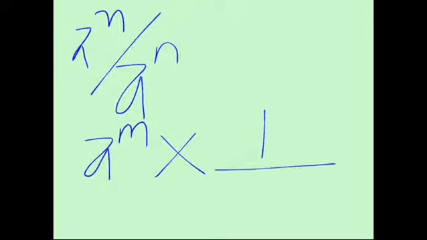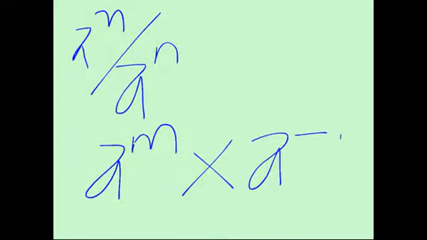What you're just looking at is that's a 1 all over this, so you can write it as a raised to the power of m times 1 over a raised to the power of n. So this is now bringing out division, and we know that 1 over a raised to the power of n will be equal to a raised to the power of minus n.